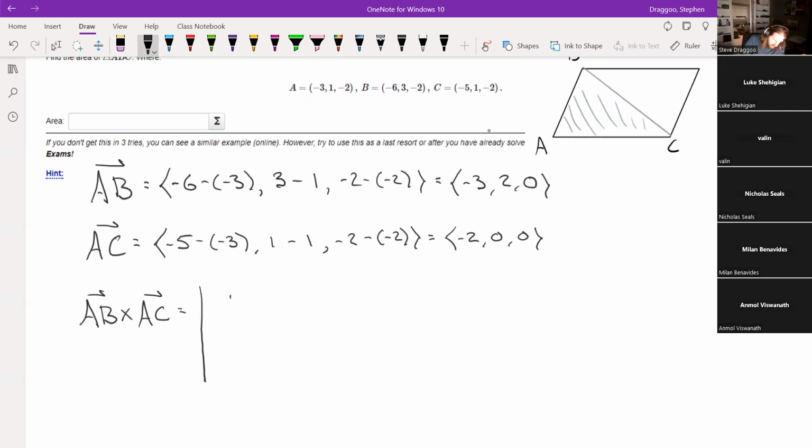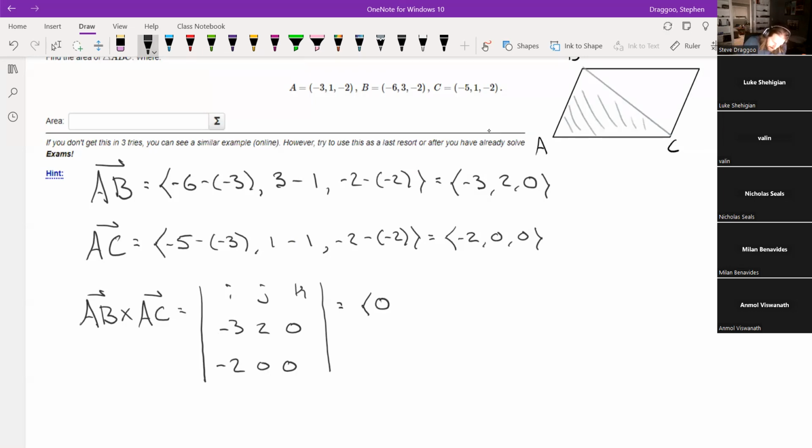It'll look something like this. I, J, and K I'm going to write across the top row. I'll write my first vector, AB, across the middle row, -3, 2, 0. Write my second vector on the bottom row, -2, 0, 0. And calculate the cross product of that thing. Fortunately, this is a pretty nice cross product to calculate, since I've got one column that's all zeros. Since the K column is all zeros, that means the Z component is the only component that will be non-zero.